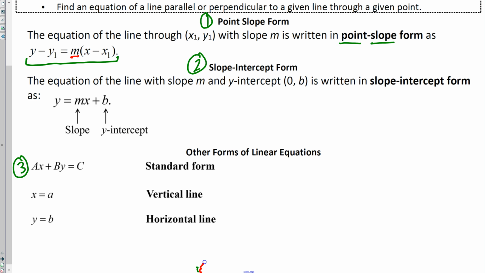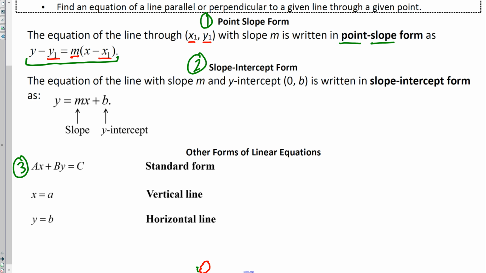And then the x with a subscript of 1 and y with a subscript of 1, those are also going to be numerical values that get replaced. Those are the x coordinate and y coordinate for that given point that we've been told.